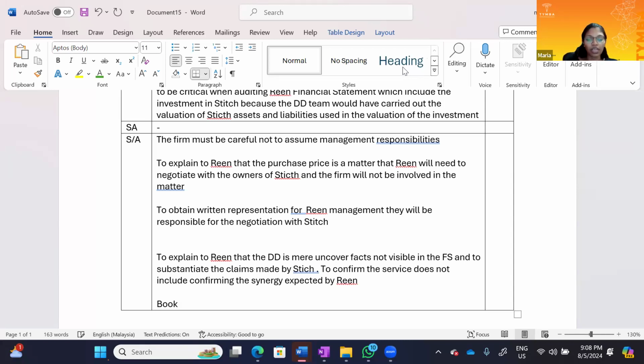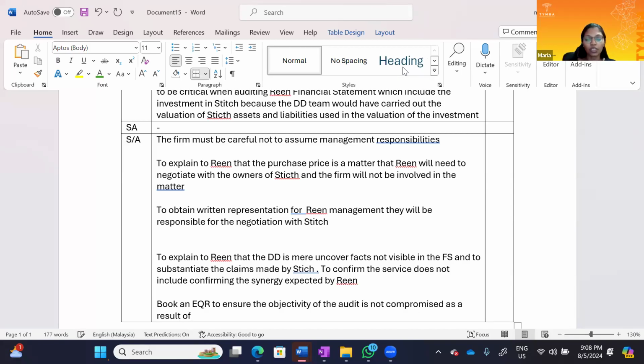Another one that you can write is to book an EQR, to ensure the objectivity of the audit is not compromised as a result of the due diligence prior to the acquisition of Stitch.